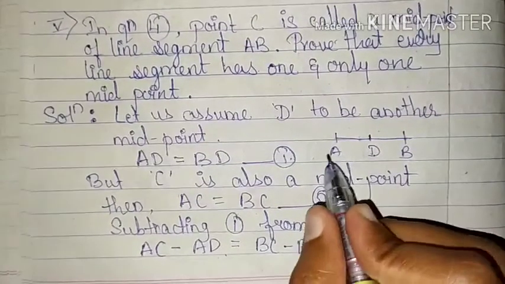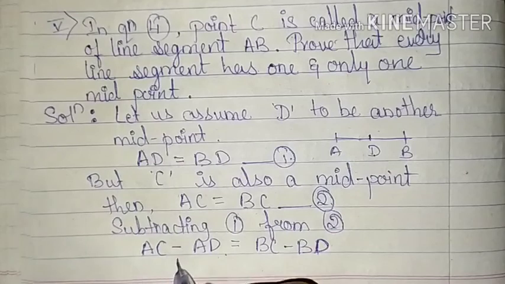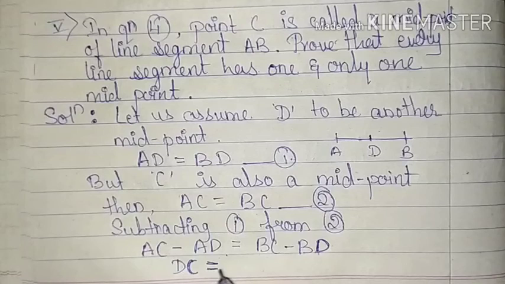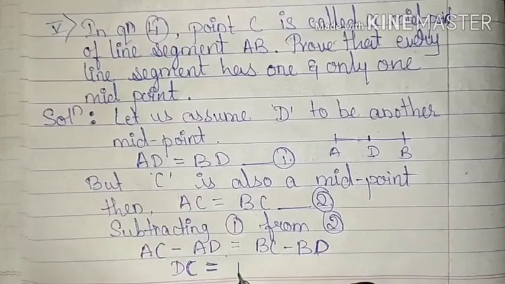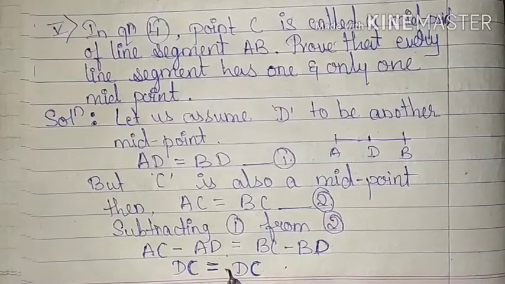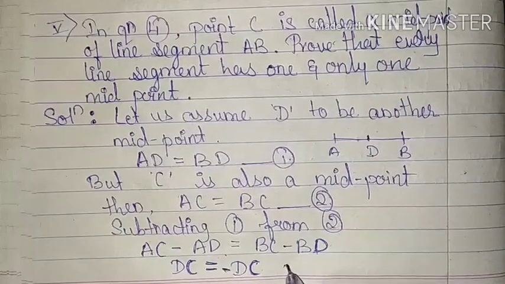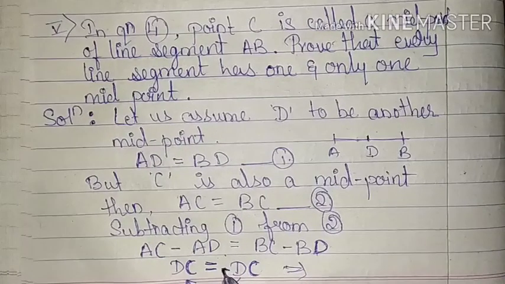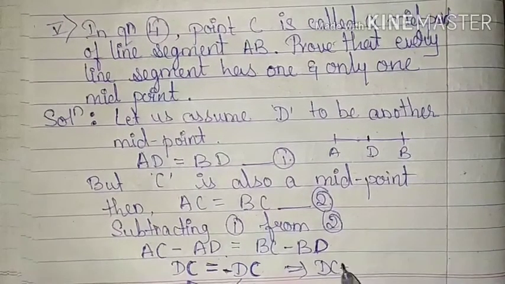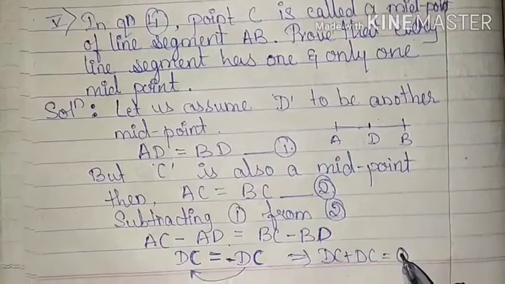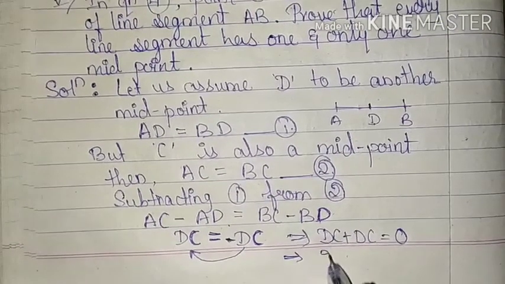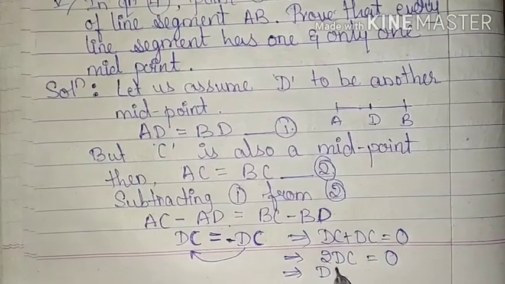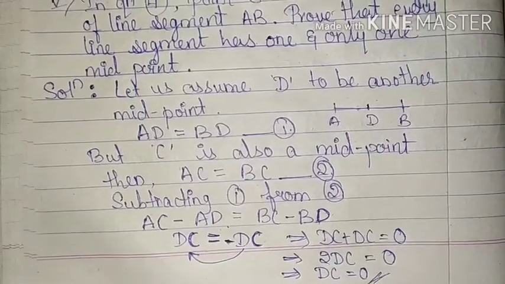So now AC minus AD will get DC is equal to BC minus BD, which will once again be DC is equal to minus DC. So which implies on transposing, on taking the minus DC to the right side, it will become plus. So DC plus DC is equal to 0. This implies 2DC is equal to 0. This implies DC is equal to 0.